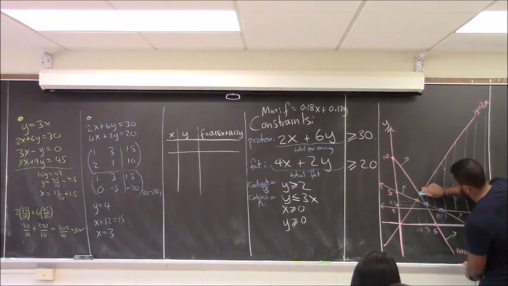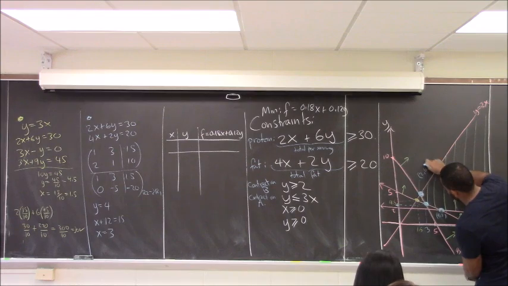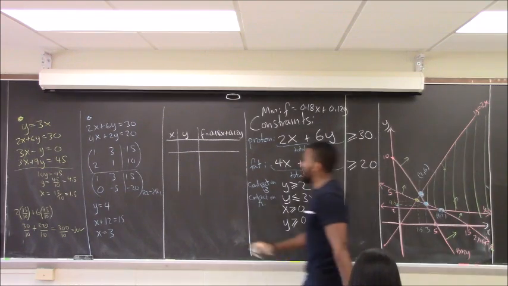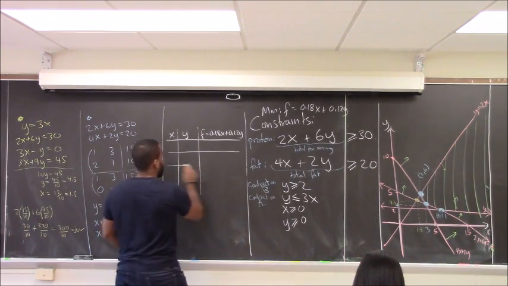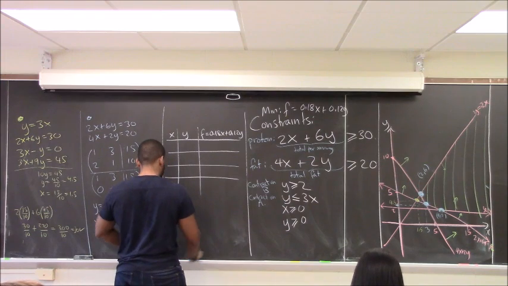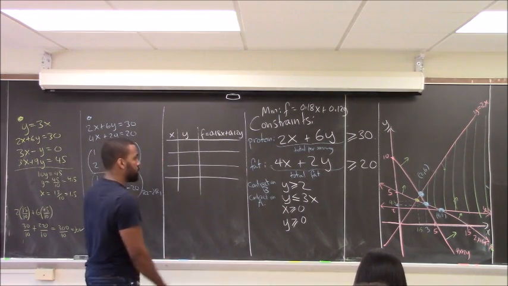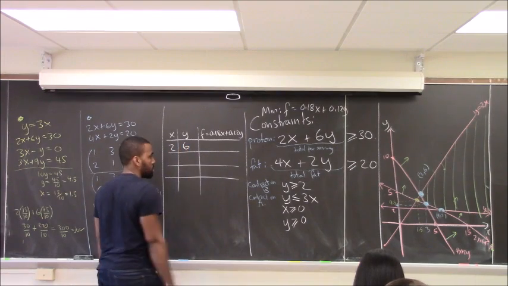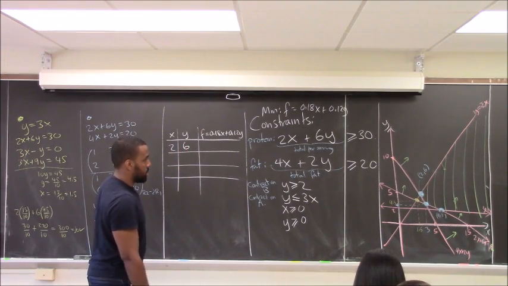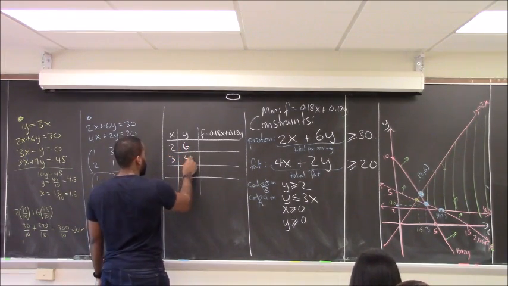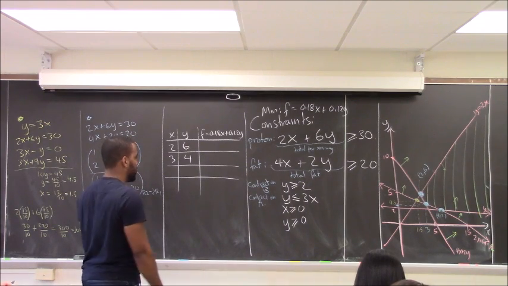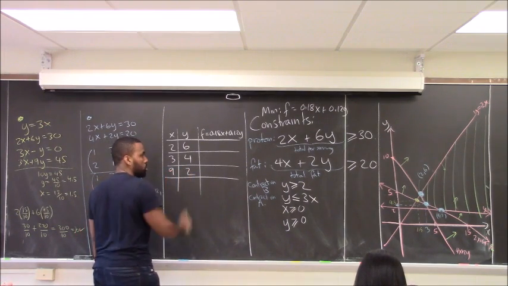This one here? 2 comma 6. Yeah, you'd have to find out. Okay, so let's just rush because we only have a few minutes left. Yeah, so we have to check 2 comma 6. We have to check 3 comma 4, and we have to check 9 comma 2.